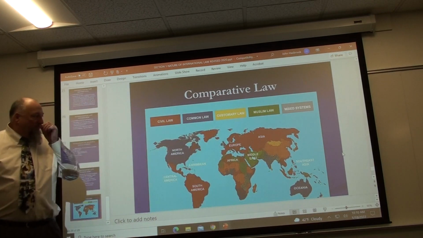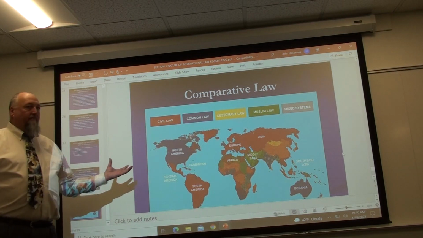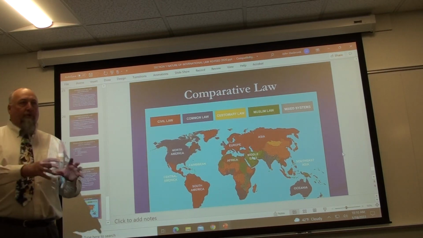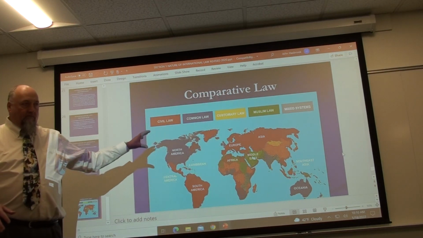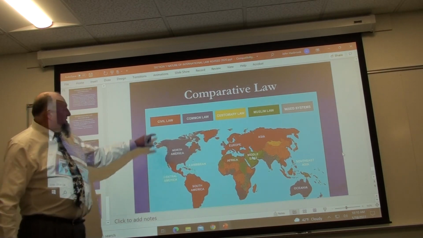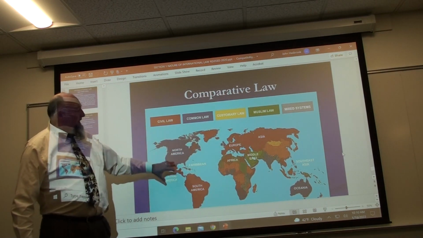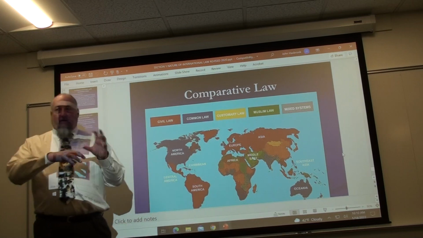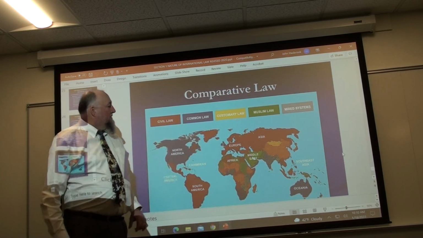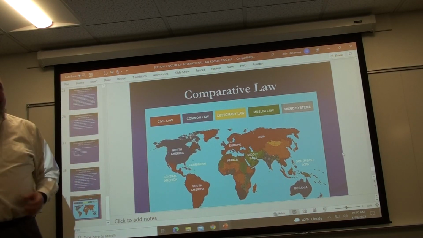Basically, over time, the laws domestically have roots in these various different families of law. If you look around the world, you'll see civil law are the countries in red or have some red involved within them. Common law, blue, and then we have the other families which can sometimes override.